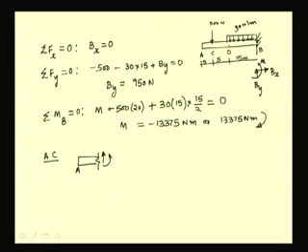We take the shear force and bending moment in the positive sense, and for equilibrium of this section, let us say at any distance x between A and C, the sum of the forces and sum of the moments has to be 0, and from that we find that V has to be 0 as well as M has to be 0, because we do not see any other forces.